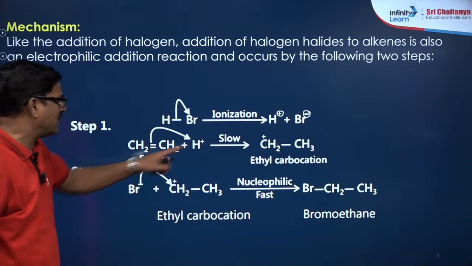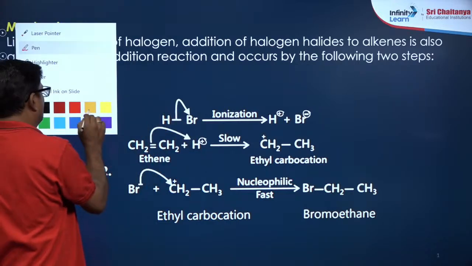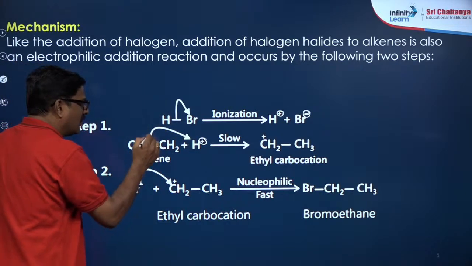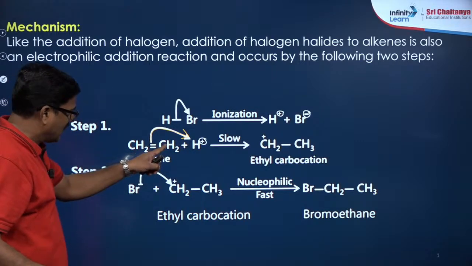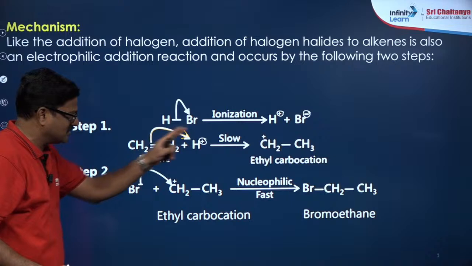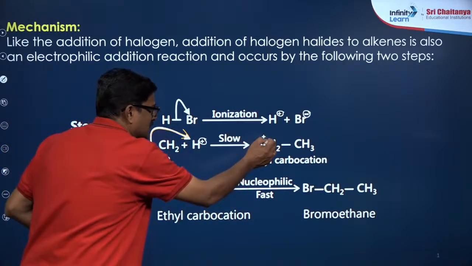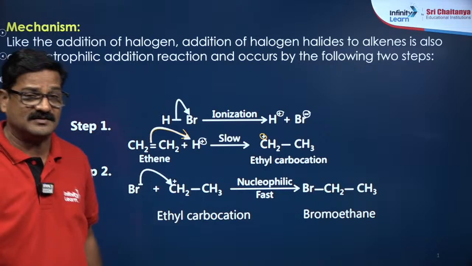पहला जो H plus है, ये H plus से ये pi bond काट रहे हैं, so that H plus can attach here or H plus can attach here, so that let us say H plus is attached here, so that CH2 plus and CH3, a carbocation is generated, right.